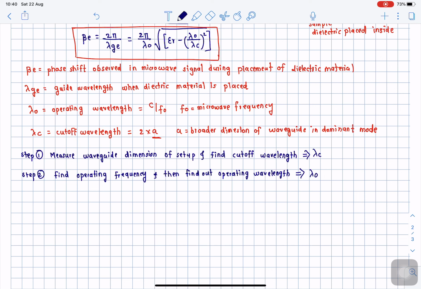In step number 3, we are going to place a dielectric material inside the dielectric cell and short circuit the open end.